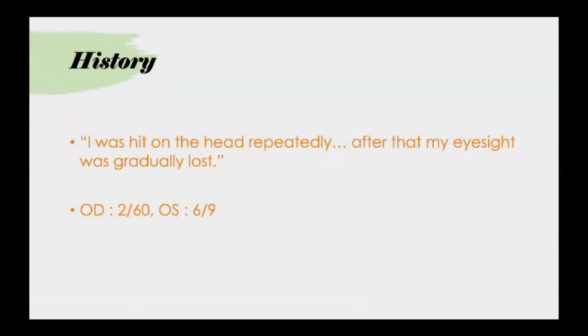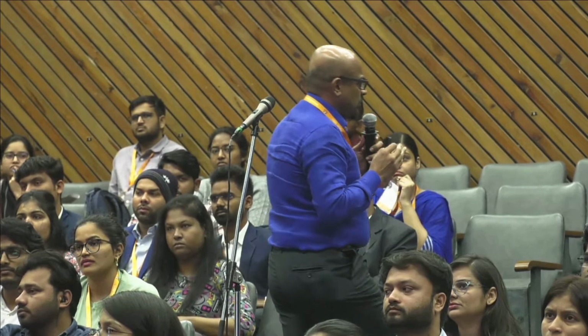What do you think? Anything that you think is not comfortable for you with the diagnosis? You can shout out if anybody knows the answer. Very good. So what you're worried about here is that the patient complained of gradually progressive loss of vision, which is not a feature of traumatic optic neuropathy. Can trauma produce a gradually progressive loss of vision?